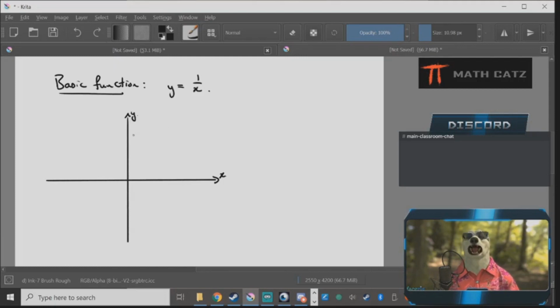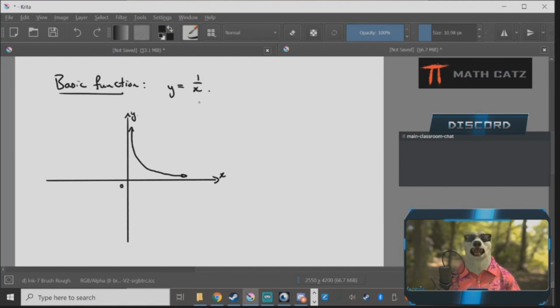So my graph is going to look like this, less wobbly, but still the same, where as I get close to the x value of 0, my y values just increase. And the closer I get, the bigger this y value is going to become. Plug in x values, convince yourself.